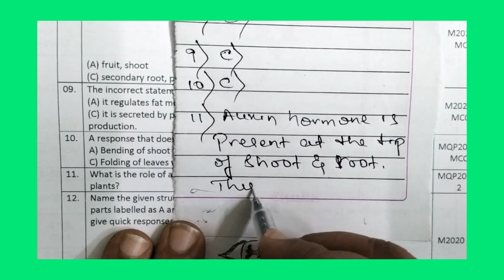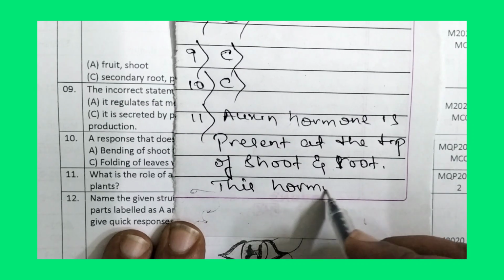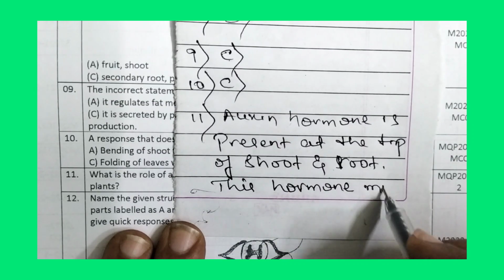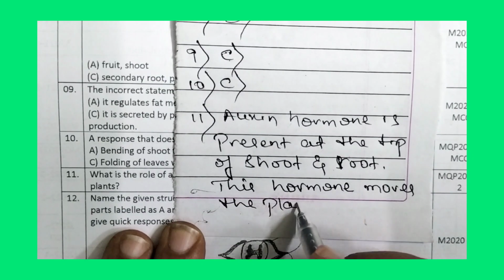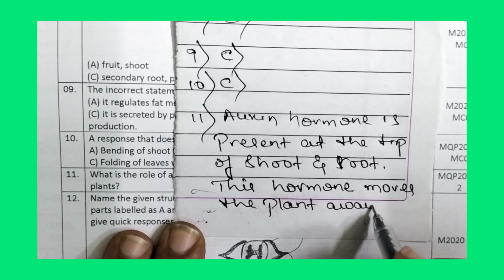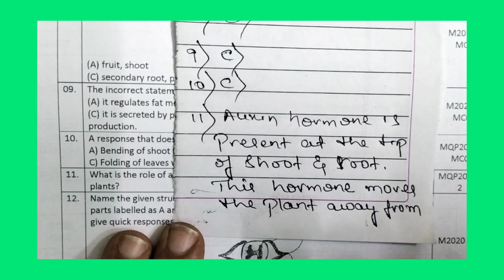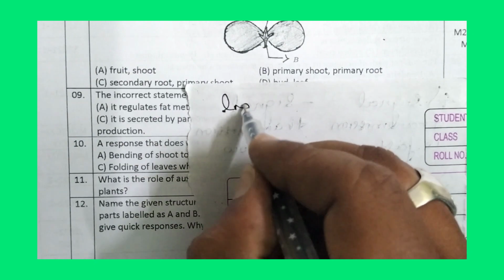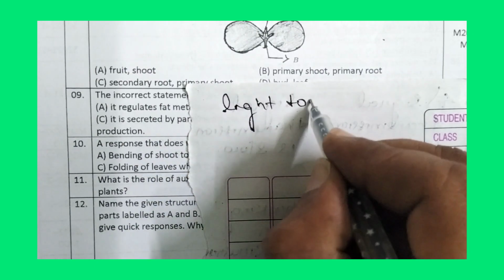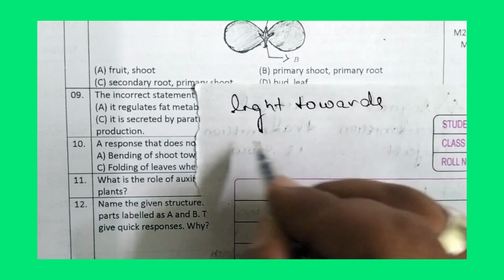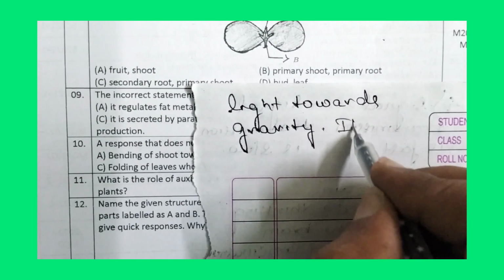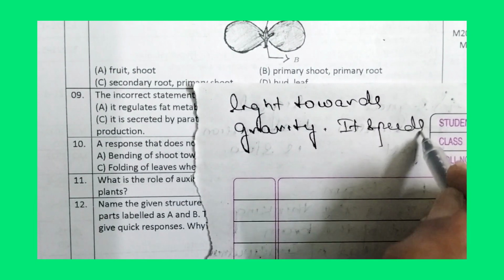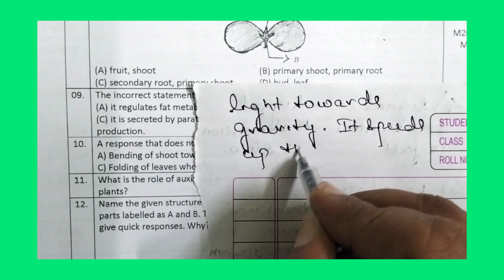This hormone moves the plant away from light and towards gravity. It speeds up the growth of the stem.